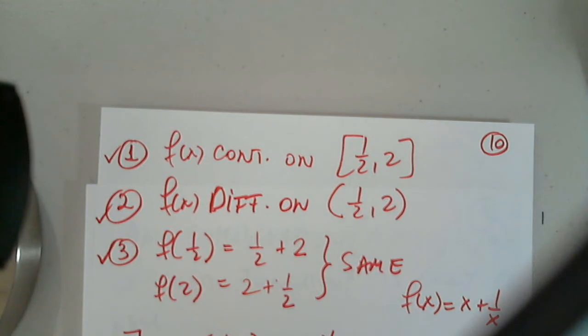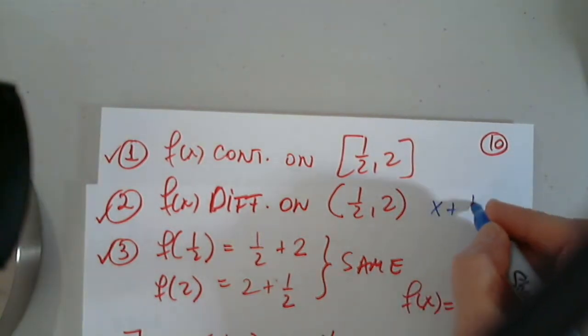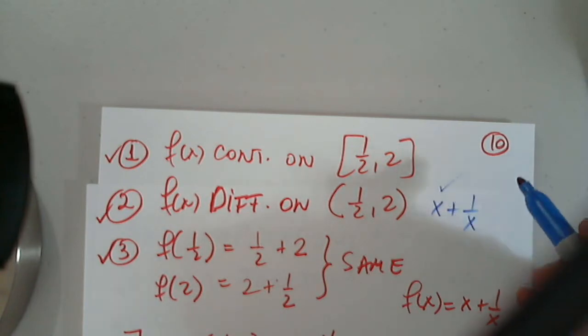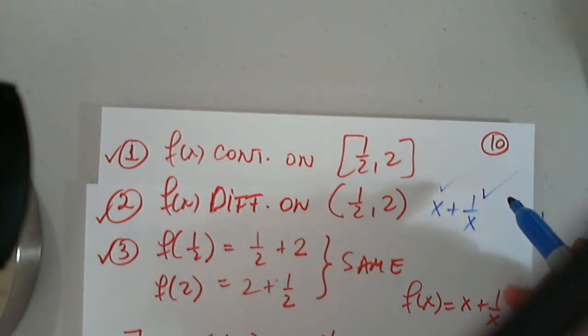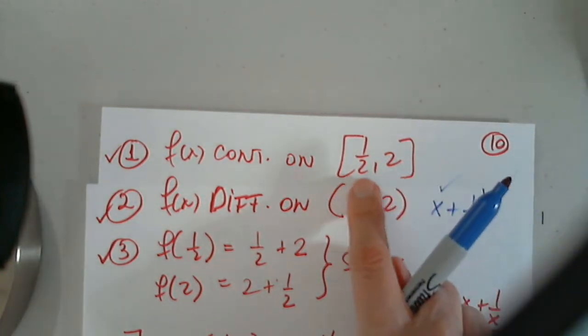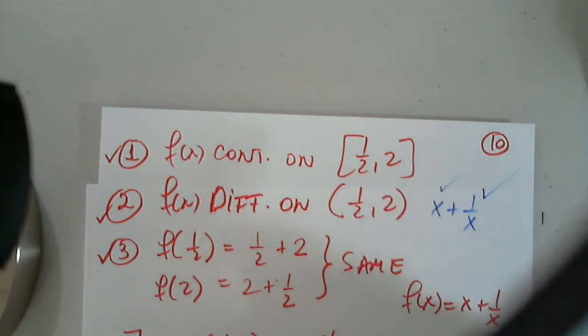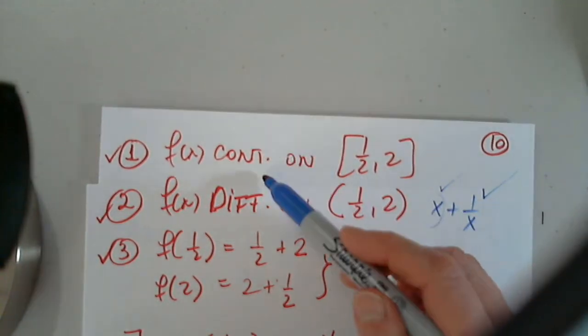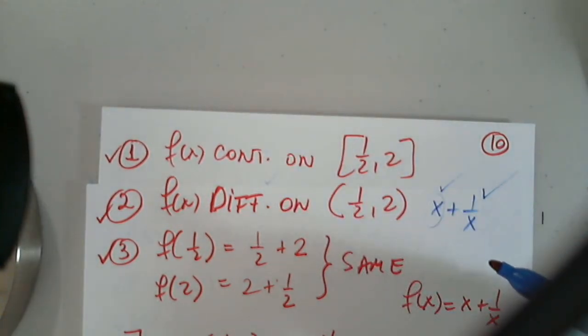So in this case, we had x plus 1 over x. This is continuous everywhere and differentiable everywhere, and this is continuous everywhere and differentiable everywhere on 1/2, 2. Guaranteed, because of the graph. And polynomials are always continuous and differentiable. Is that okay?